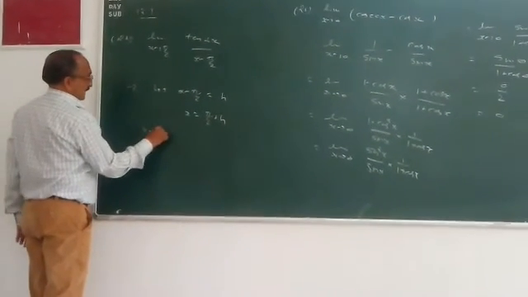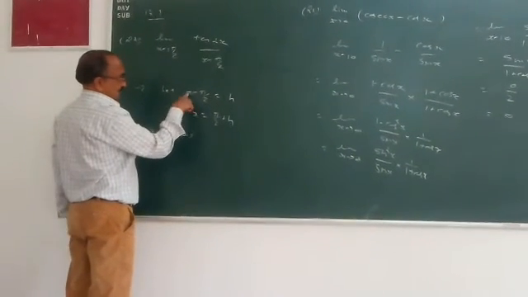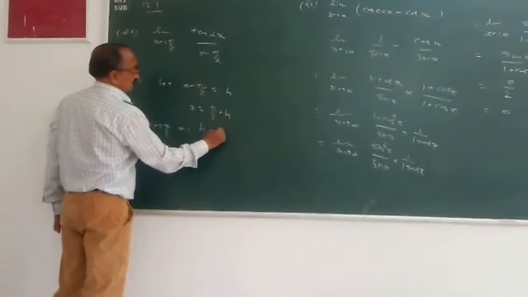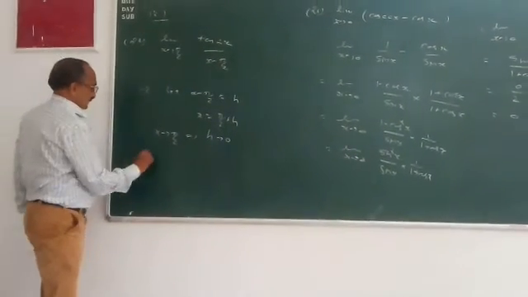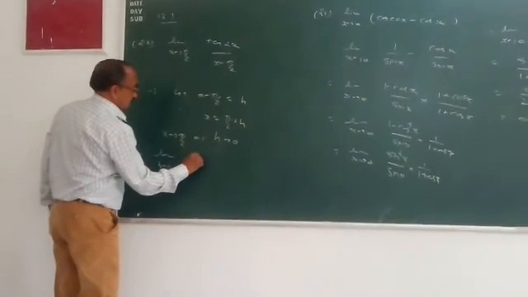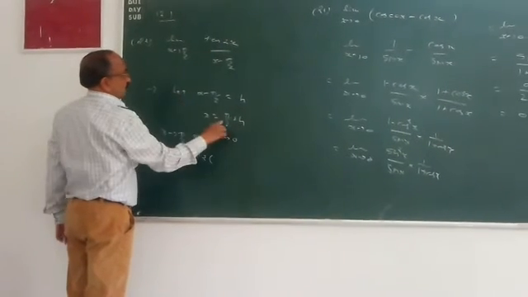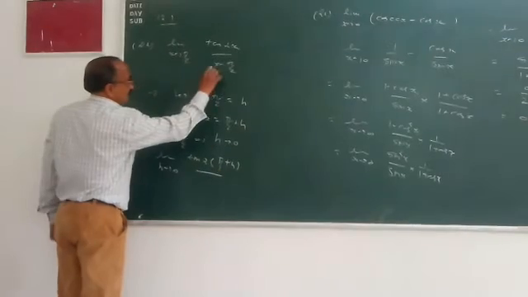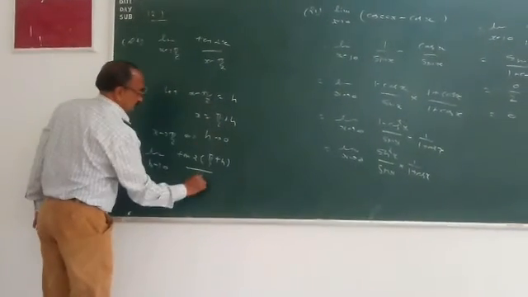Now change this limit. x tends to pi by 2, this implies replace x by pi by 2. So pi by 2 minus pi by 2 becomes 0. That is h tends to 0. We change this limit into h form also. Now this term becomes limit h tends to 0 and tan 2x, we have x equal to pi by 2 plus h, upon x minus pi by 2 is equal to h.